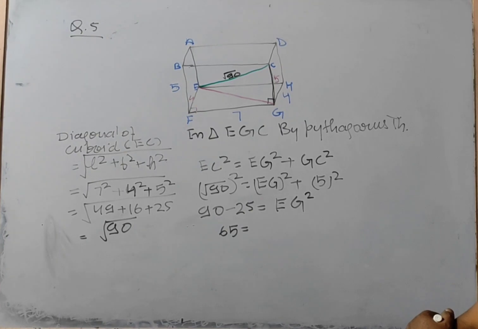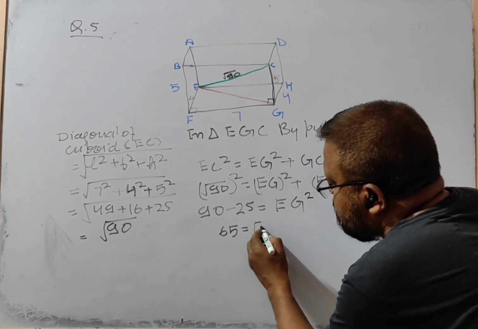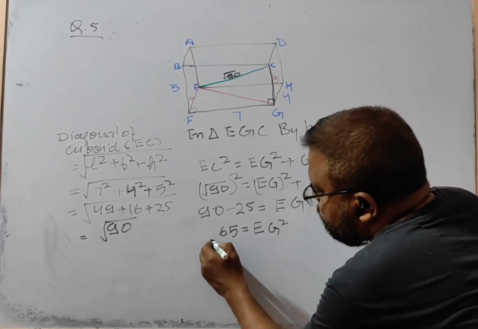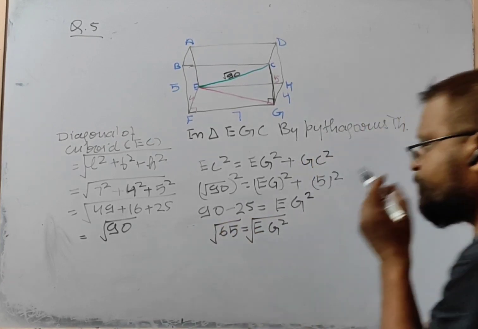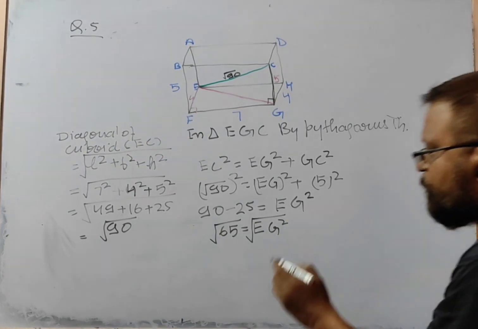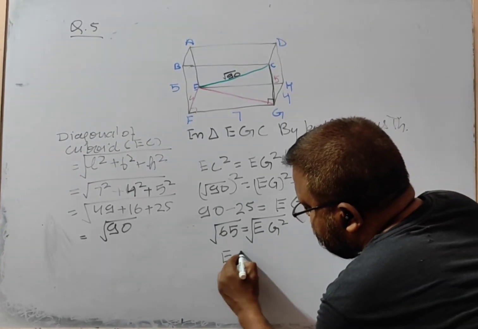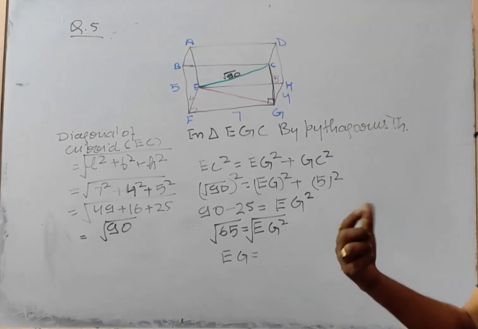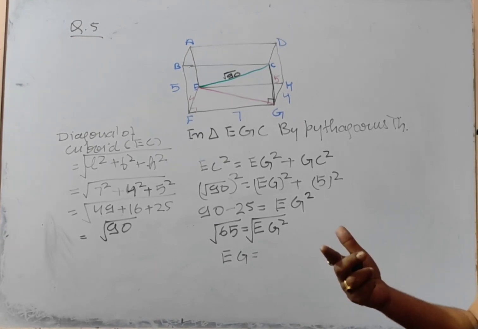EG square is 65. Taking the square root on both sides, EG is equal to root of 13 times 5, since 5 times 13 is 65, right?